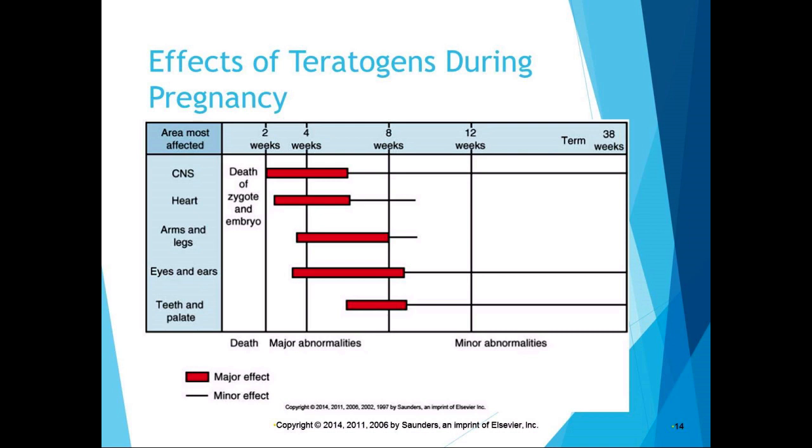If the exposure happens in the first 8 to 12 weeks, you're going to have a major effect. If it happens later on, you will have a more minor effect. So remember that for neuro next winter. We'll talk about that again. When you look at the development of the central nervous system, you can see that things pretty early on have major effects.